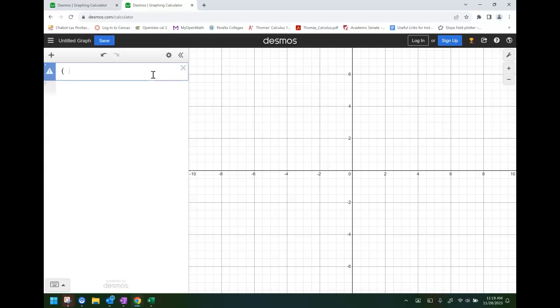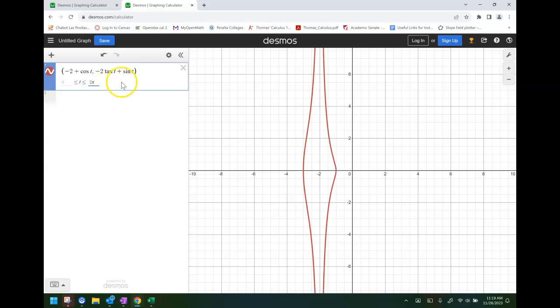If a equals -2, my curve is x equals -2 plus cosine t, y equals -2 tan t plus sine t, and we want to sketch this from 0 to 2 pi. So that's our curve. Let's repeat this for -1, again from 0 to 2 pi.